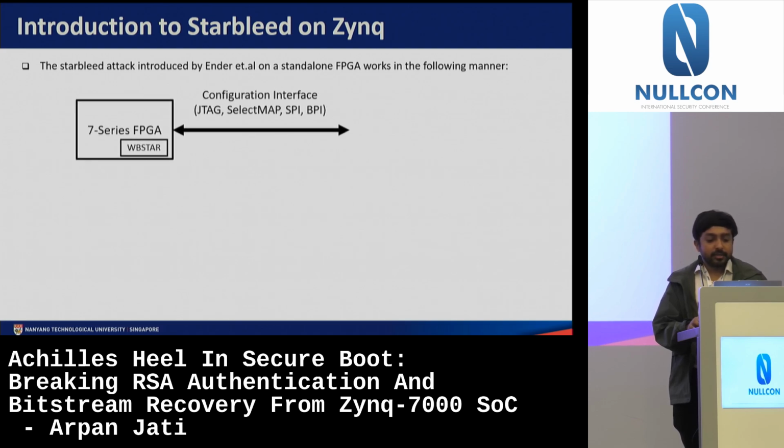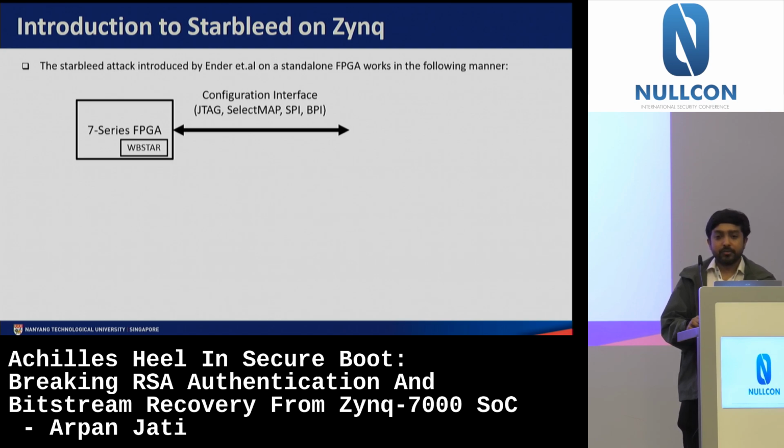There is a register called WB star, the warm boot startup register. Sometimes the FPGA is booted up, but it failed to do something. Then you store some registers for where it should boot next, and then reboot the FPGA.